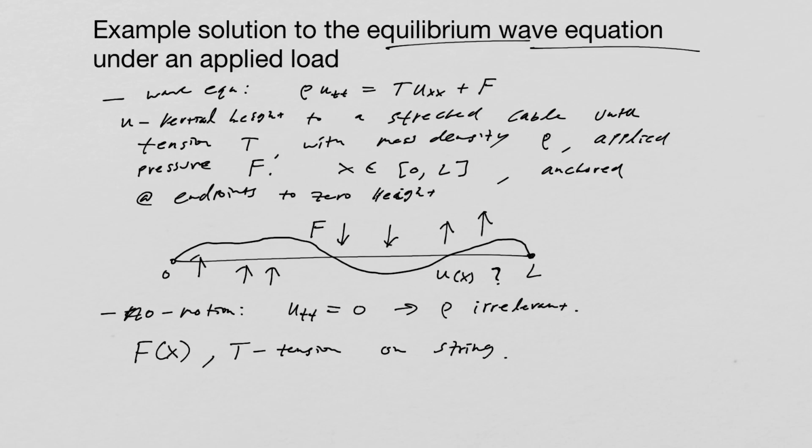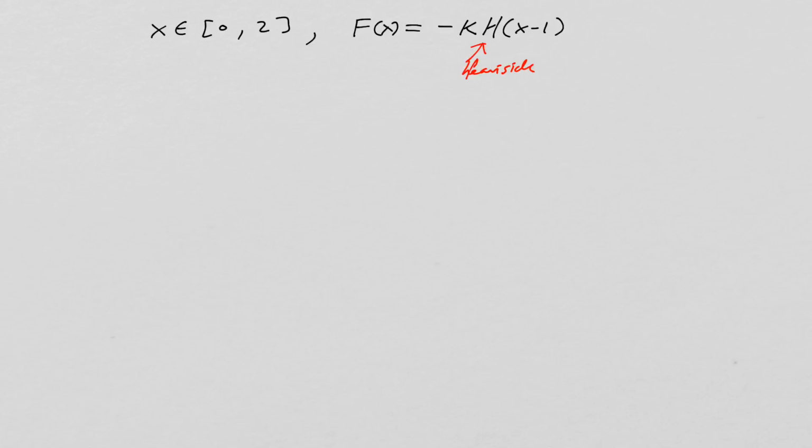Okay, so what we want to do now is I'm going to give you a very specific problem. Okay, we're going to talk about this one. So x is going to be on the domain 0 to 2. And the applied pressure, this is going to be an interesting one, is going to be negative K times H of x minus 1. So this is what we call the Heaviside step function, I should capitalize it because it's a person's name.